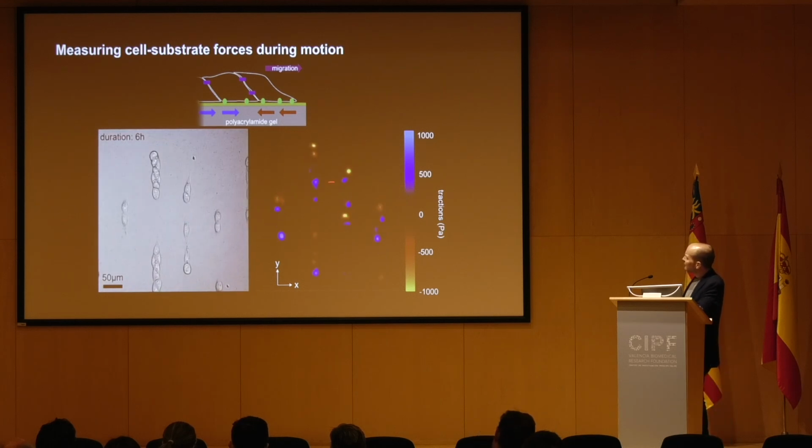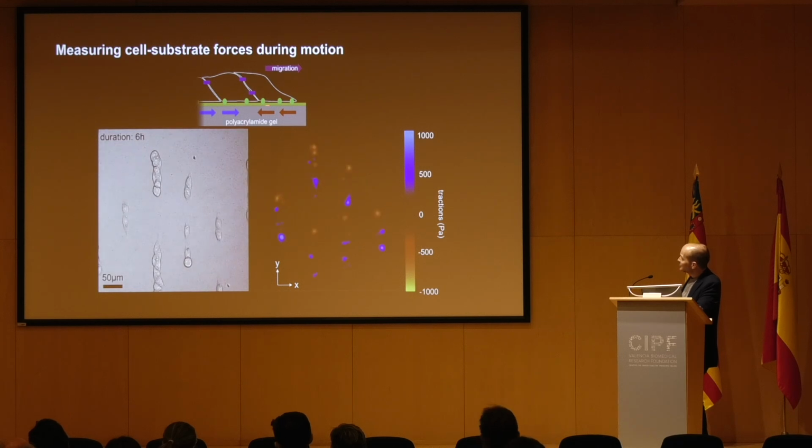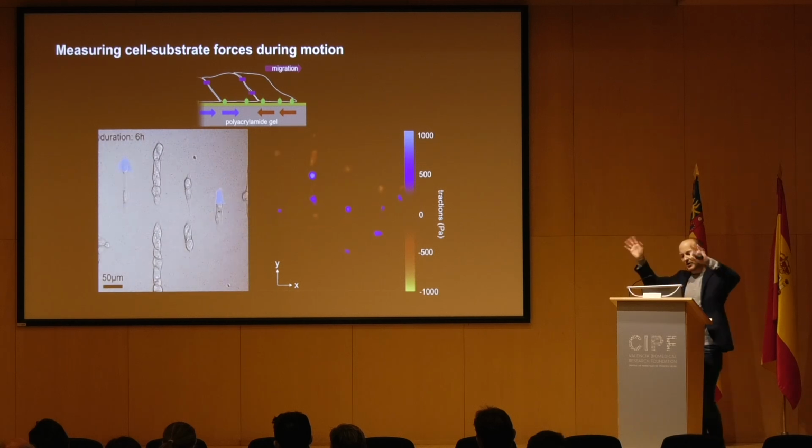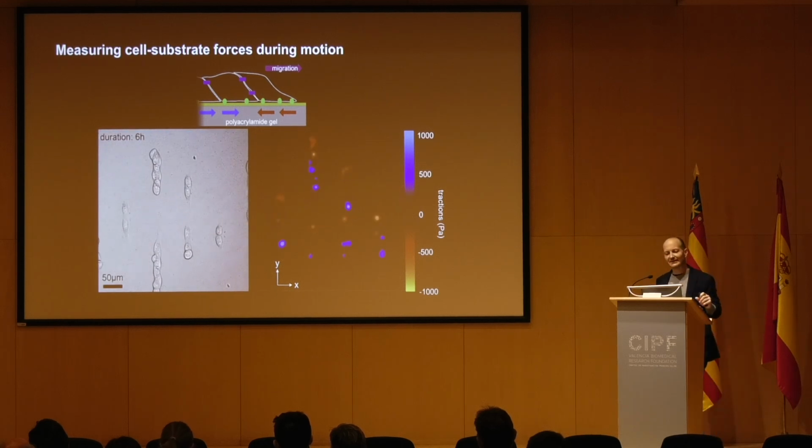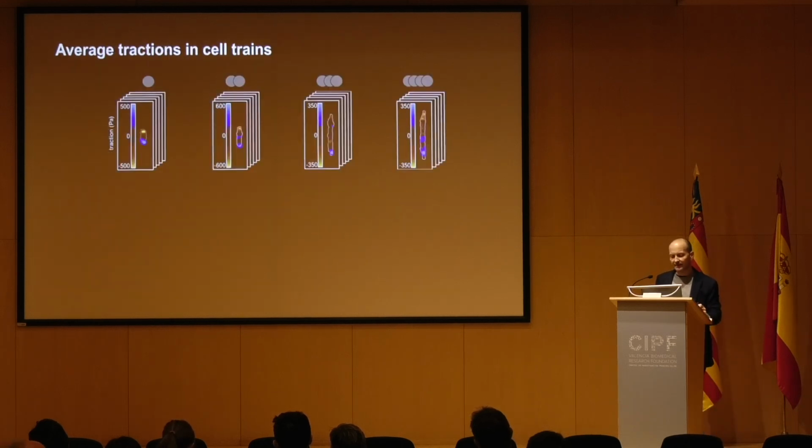And these are force maps. So these are the maps of these tractions that cells are exerting on their substrate. So this is color-coded according to the sign, and the sign is shown here, right? So either you're pushing away from the leading edge or towards the leading edge. So as you can see, there are some hotspots here, so this is not a completely trivial force field, but again, we have many of these as a function of time, so then we can do statistics.